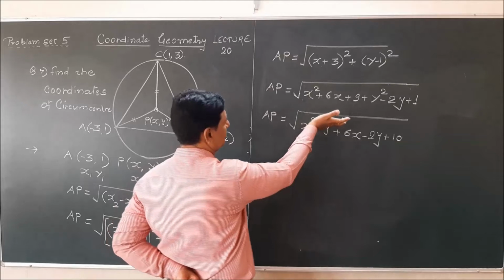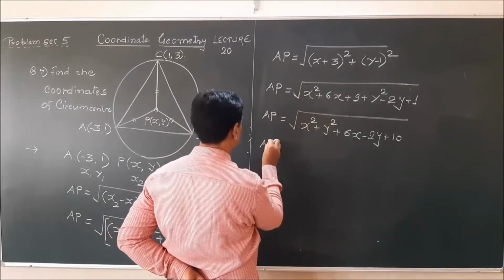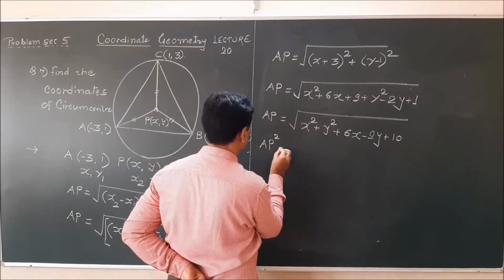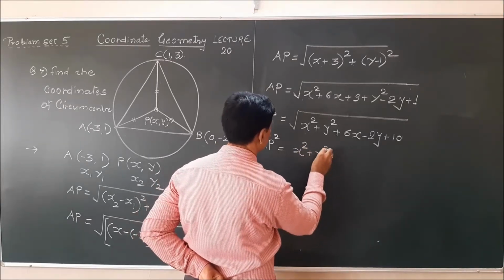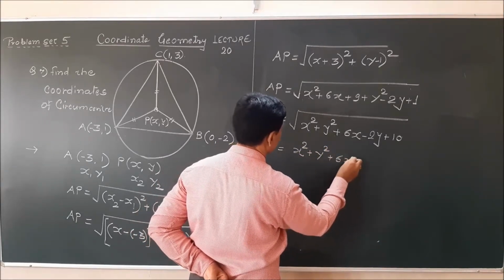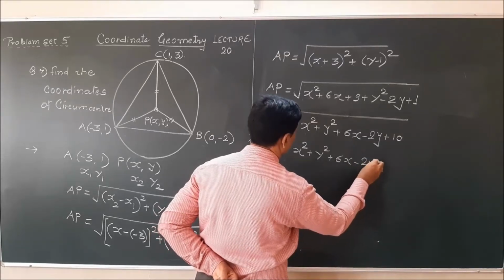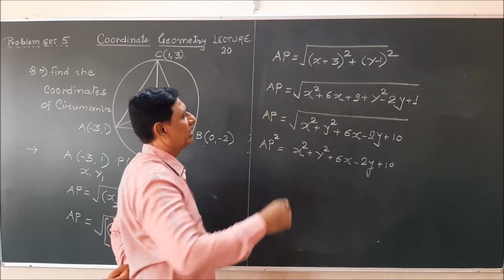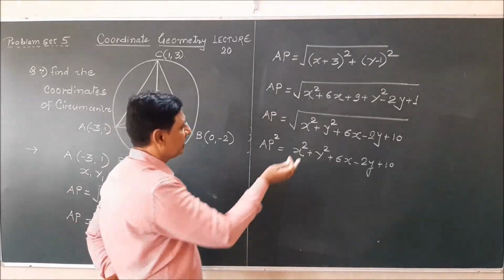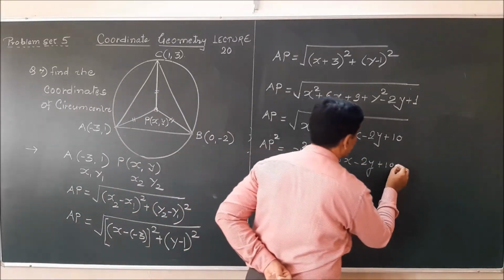If I don't want the square root sign, I say AP square is equal to x square plus y square plus 6x minus 2y plus 10. I simply square AP to get rid of this square root sign.